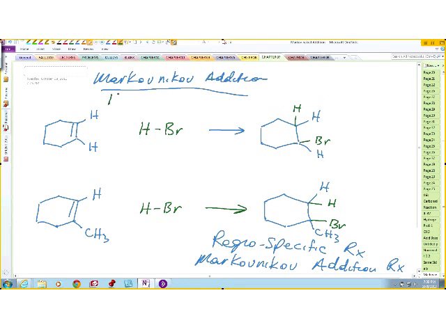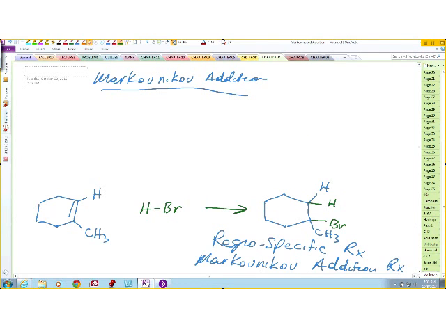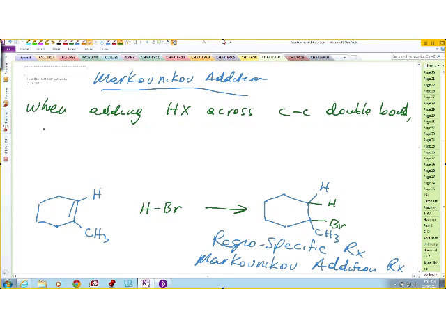Okay, it simply means that, whenever, let me say this: when adding hydrogen and some other atom across a carbon-carbon double bond, the hydrogen goes to the carbon that has more hydrogen.